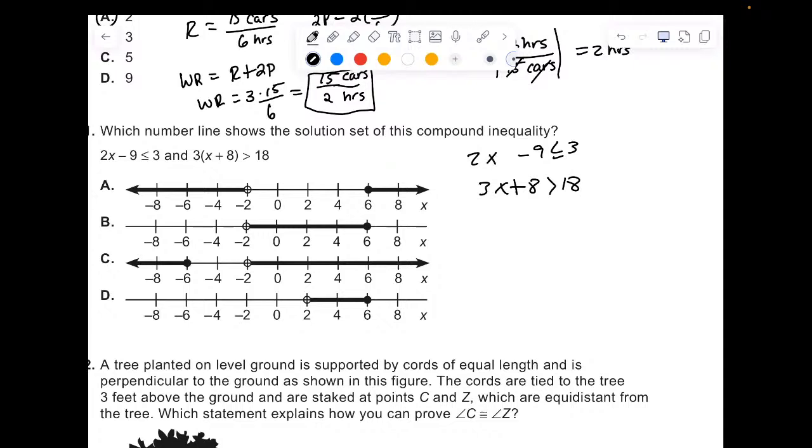There we go. When doing number lines, you just want to get the variable by itself. So moving on to the first one, we have 2x is less than or equal to 3 plus 9, which is 12. So x is less than or equal to 6. Right, so let's cross out all of the ones that do not satisfy that.